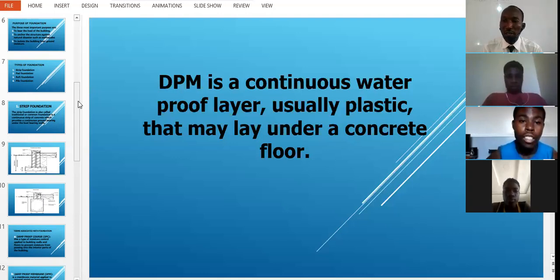To prevent moisture. Foundation. The purpose of foundation. Anna. To keep the building from ground moisture. No. Isolate the building from ground moisture. To keep the building firm.